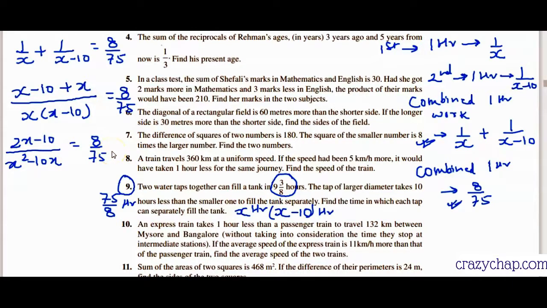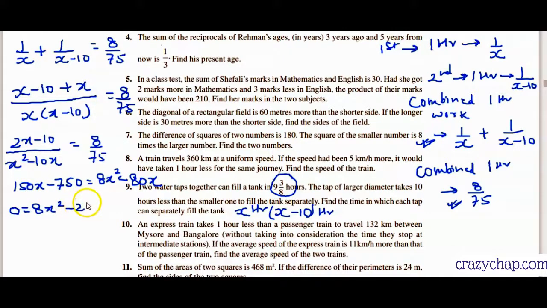right? And doing cross multiplication, we get 150x minus 750 equal to 8x square minus 80x. Correct? Now bringing all of them together, we get 0 equal to 8x square minus 80x minus 150x, which is minus 230x, plus 750.